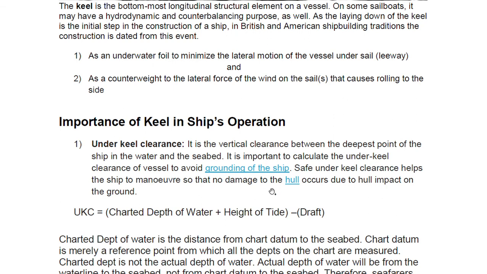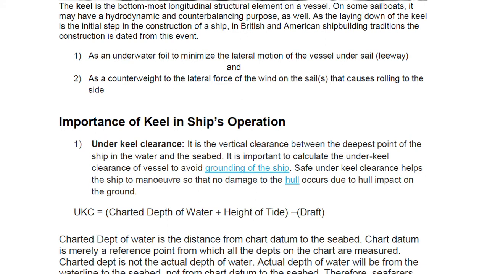Why is this important? For your knowledge, whenever the ship is moving in a narrow channel and the under keel clearance is little less, there is a squat effect. Why this squat effect phenomenon occurs is covered in a separate video, and you can watch that. That was also a question which was asked.